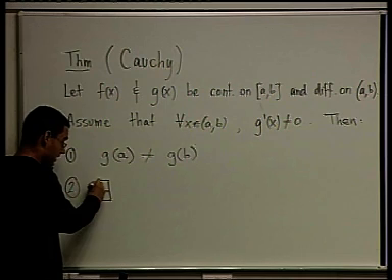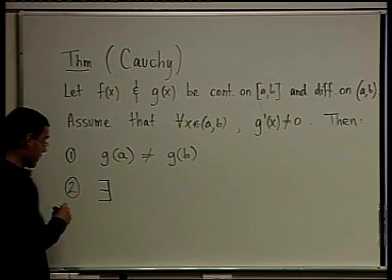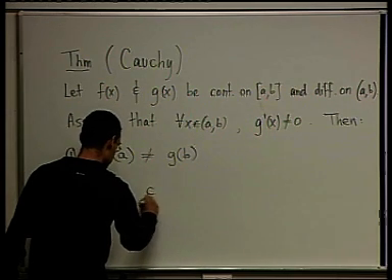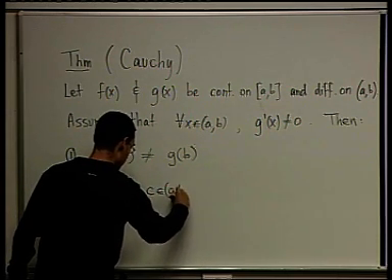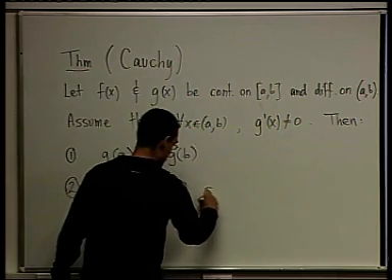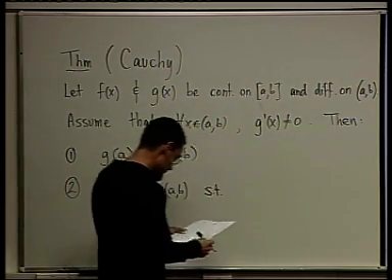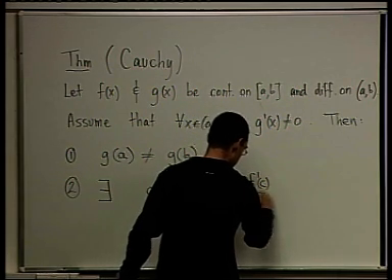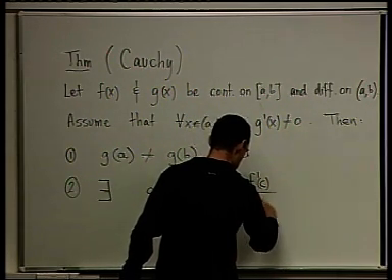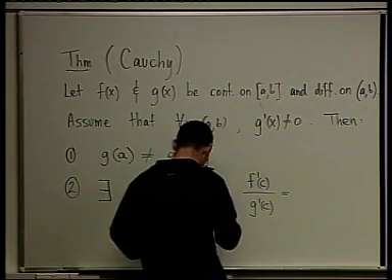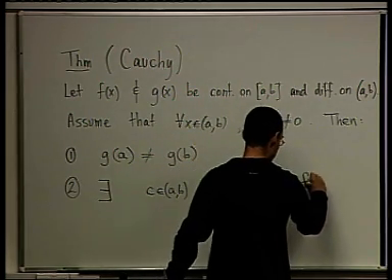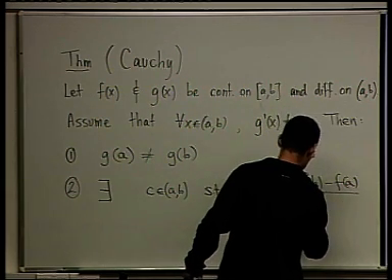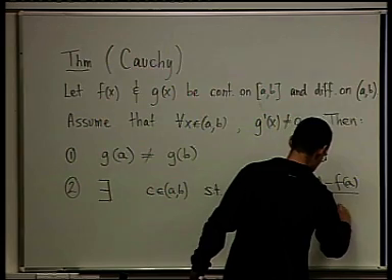It's like an upside down E. There exists a point c in the interval (a, b) such that the derivative of f at the point c divided by the derivative of g at the point c equals f of b minus f of a divided by g at b minus g at a.